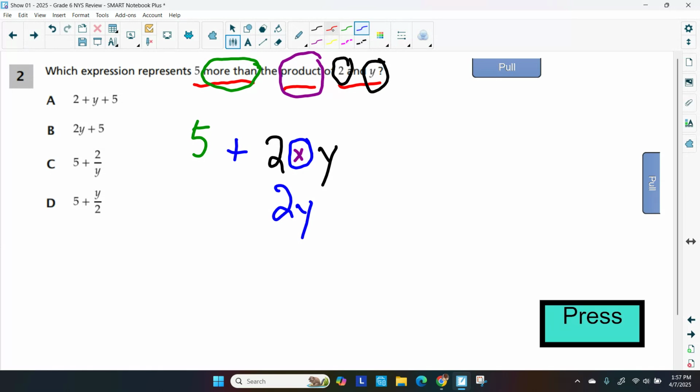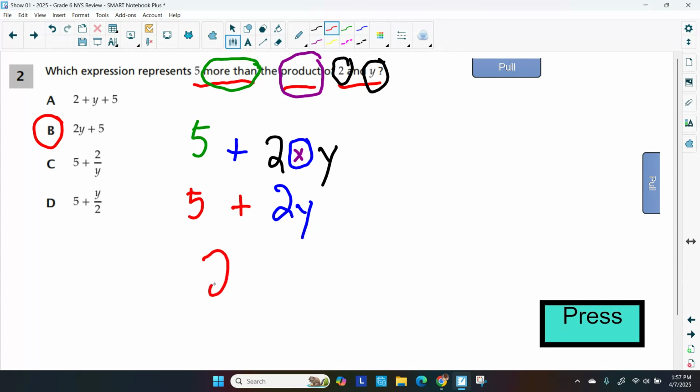And let me put back the rest. We have 5 plus there. So that's what it looks like when we write it out word for word. Now I'm looking at my different choices, and I see B looks like that, but they have the 5 first and the 2y second.